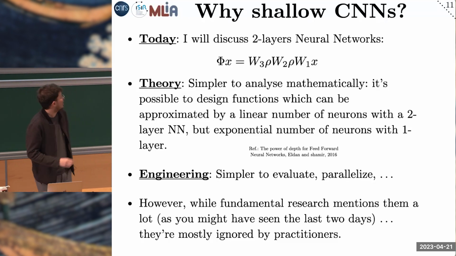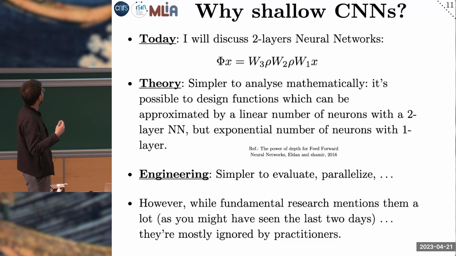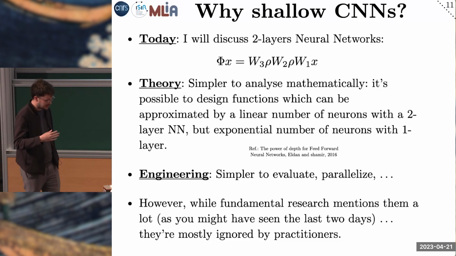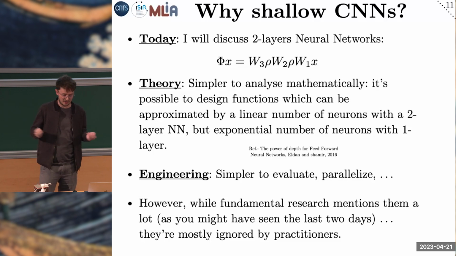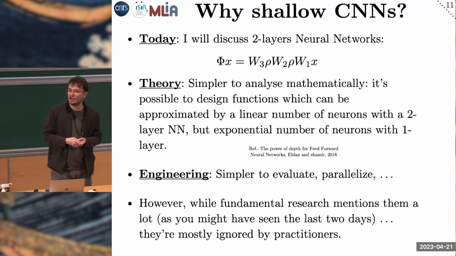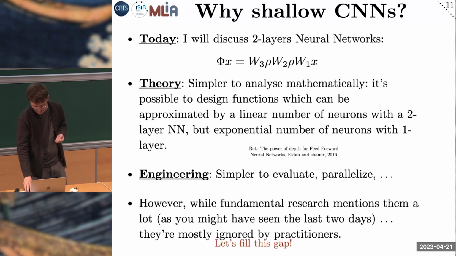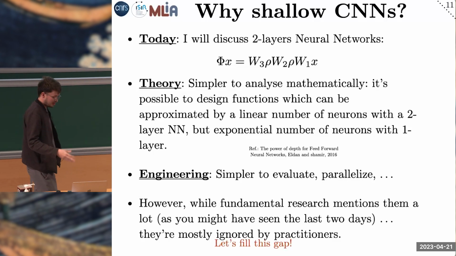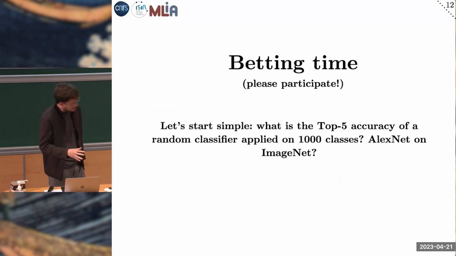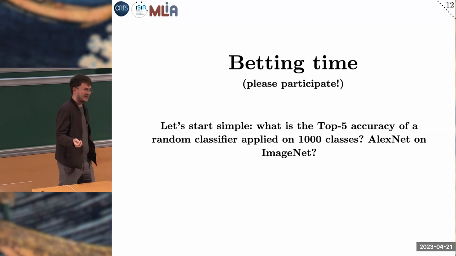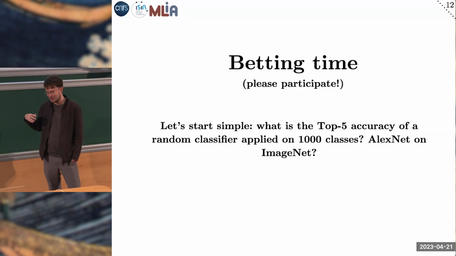And so what I would like to discuss is actually how good are those 2-layer architectures on data sets like ImageNet. So let's try to see how far we can go solely with 2 layers. There is a kind of betting time, and I would like you guys to try to think about it.